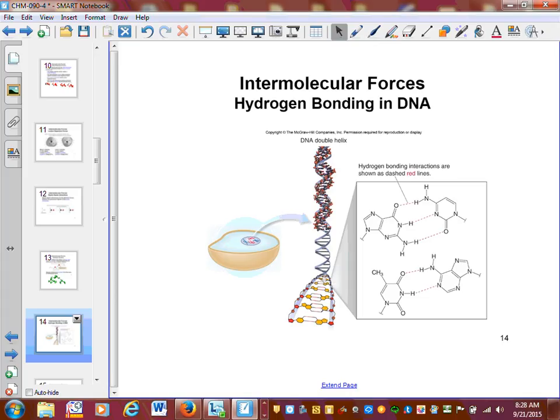Okay? So we can reproduce. Again, a key to life. If DNA was covalently bonded in the middle, we couldn't unzip it, you'd be stuck. We couldn't synthesize proteins, there would be no translation, no transcription. I'm sure you know all of that stuff by now. But it's all due to these hydrogen bonds.